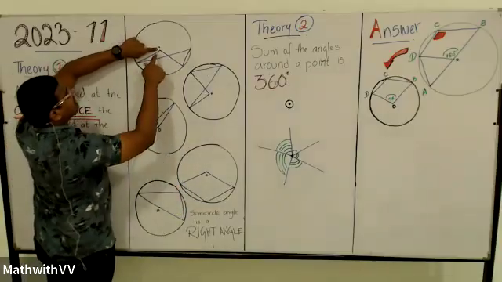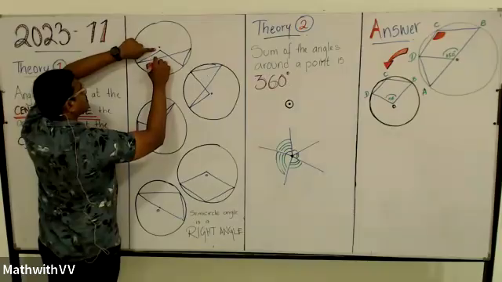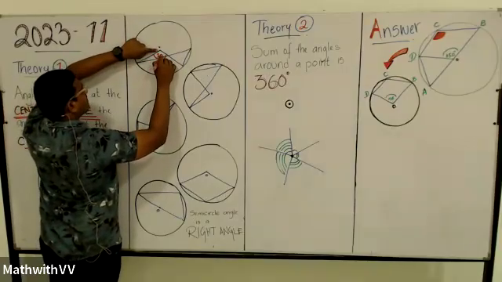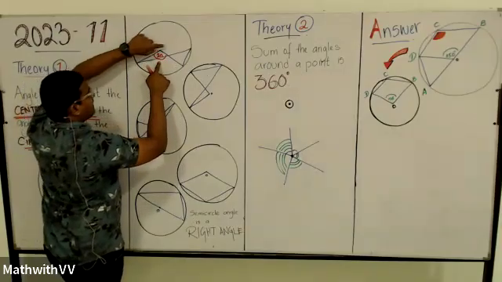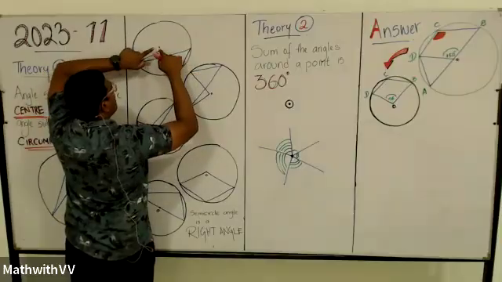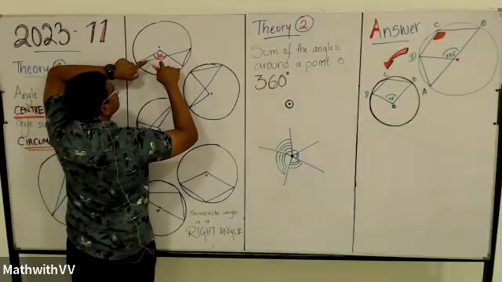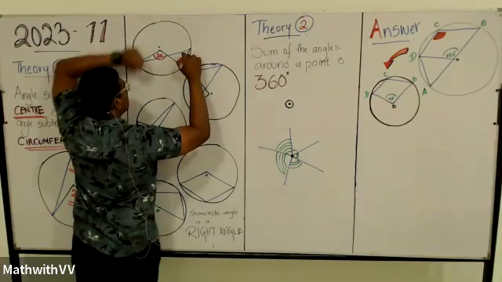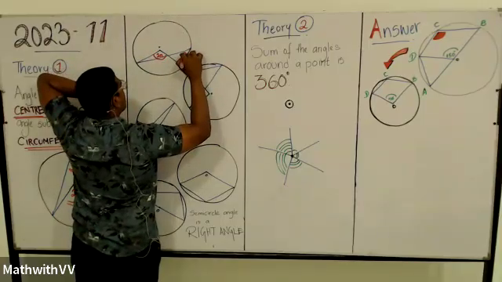Angle subtended at the center. This is the center. If this angle is 2A, then the angle subtended at the circumference, these two arms are the arms which form the angle, so this is the other one. If this is 2A, then this is A.